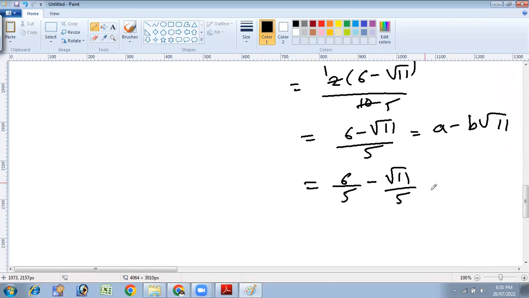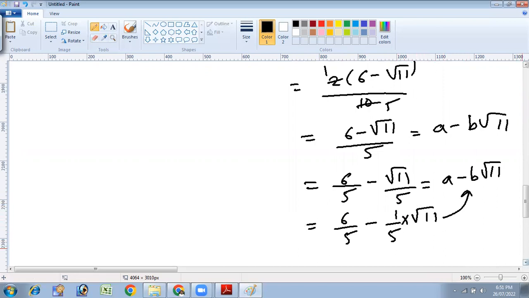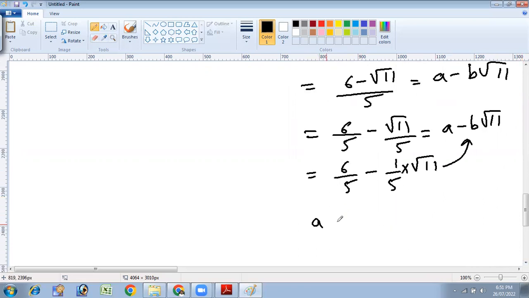Now check what is given here, a minus b root 11. This is your a, 6 upon 5 is your a, minus 1 upon 5 multiplied by root 11. Just compare this with this, what do you get? Value of a you get 6 upon 5, value of b you get 1 upon 5.